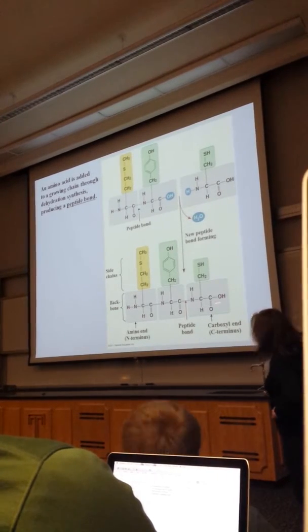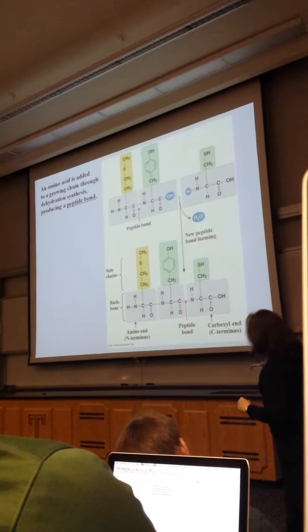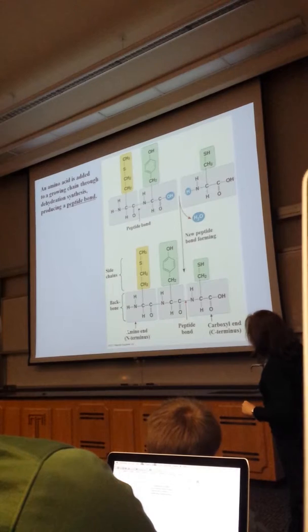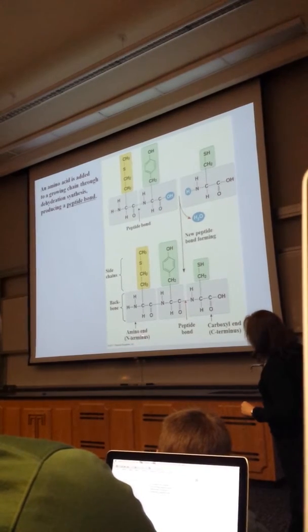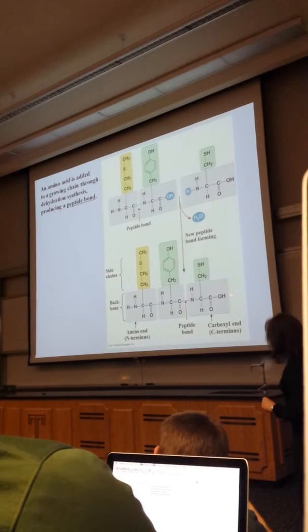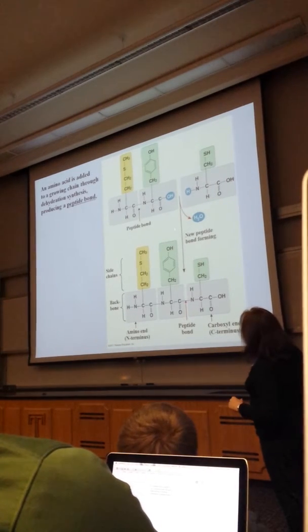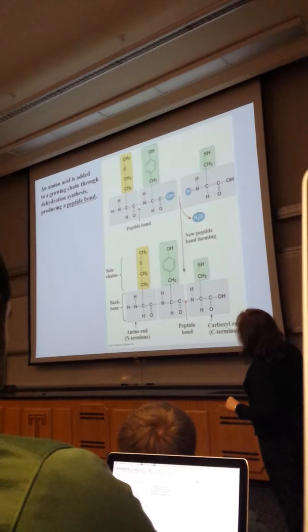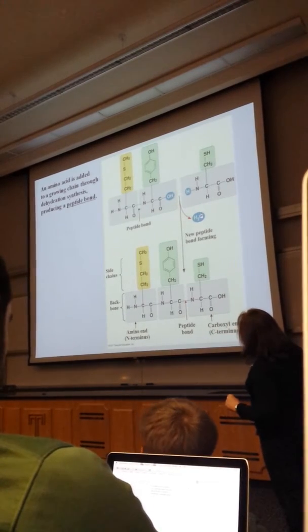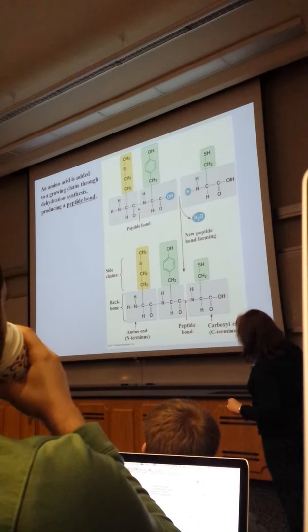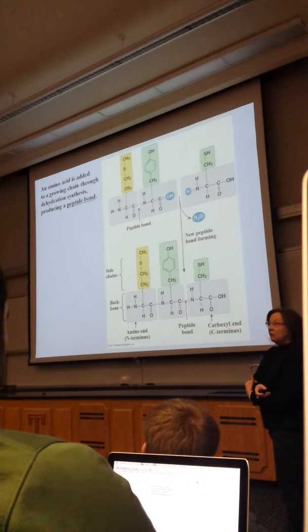So that's how you get the orientation of proteins with an amino end and a carboxy end. The amino end is called the amino or N terminus. The carboxyl end is called the C terminus or carboxy terminus. And again, the way that peptide bond forms helps to establish the orientation of the N terminus and the C terminus.